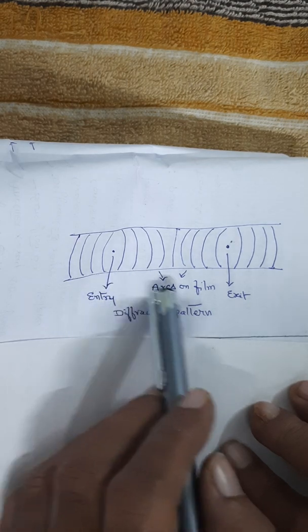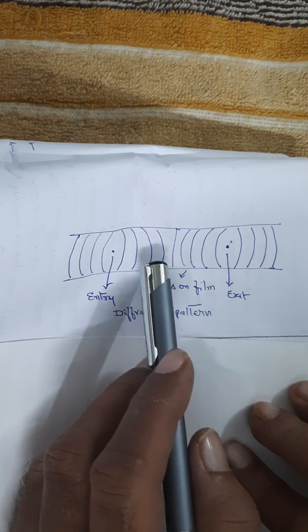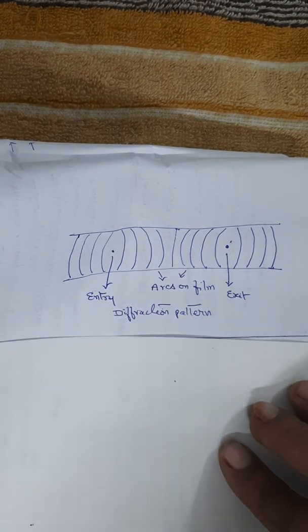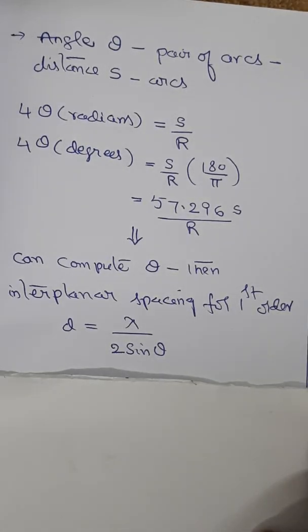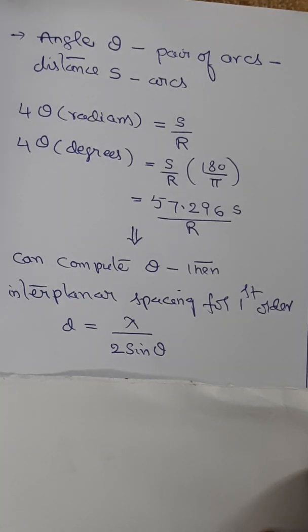Now we will try to interpret this diffraction pattern and calculate the interplanar spacing. From the film just seen, where you find arcs, take any particular pair of arcs.